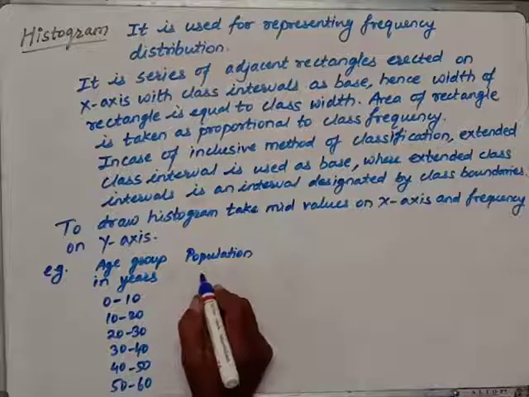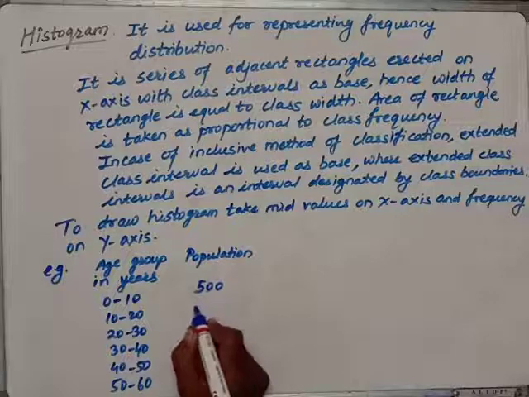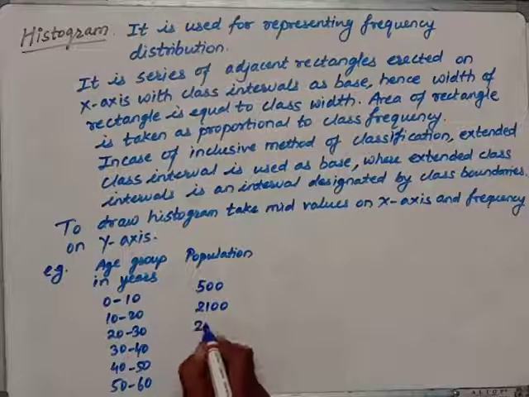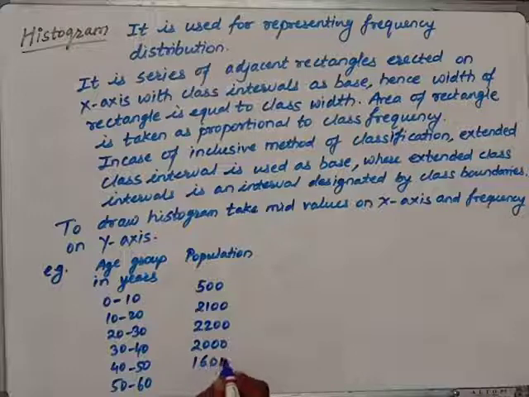Now population between 0 to 10 is 500. Then it is 2100, 2200, 2000, 1600, and 400.